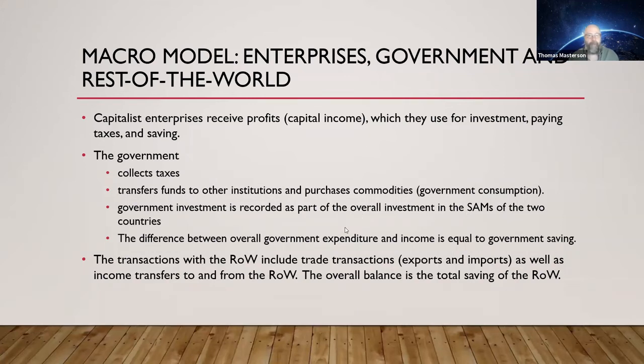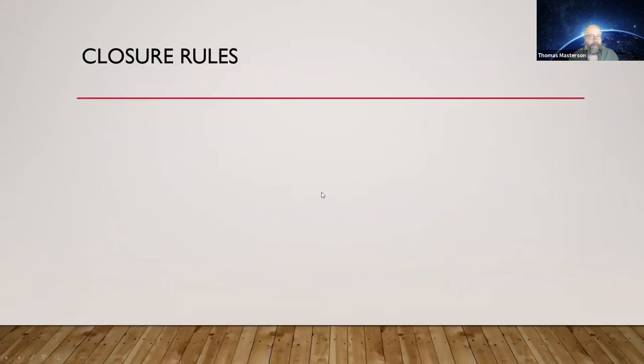So finally, we can talk about the closure rules. Martine talked about this. We've got a lot of equations happening here; there are mathematical equations behind all of the slides that I showed you. And because we have a lot of unknown variables and a lot of equations, we need to make some closures in order to be able to solve the model.